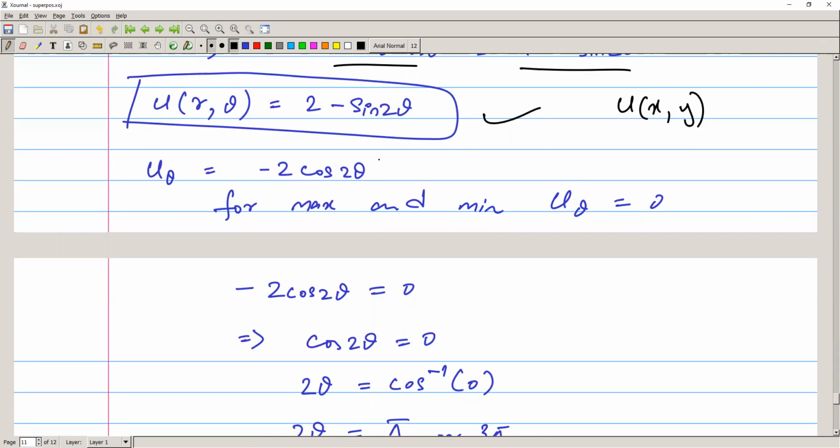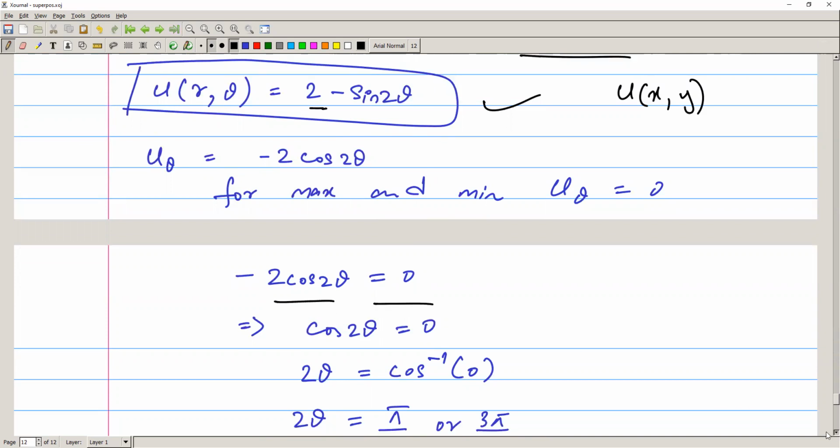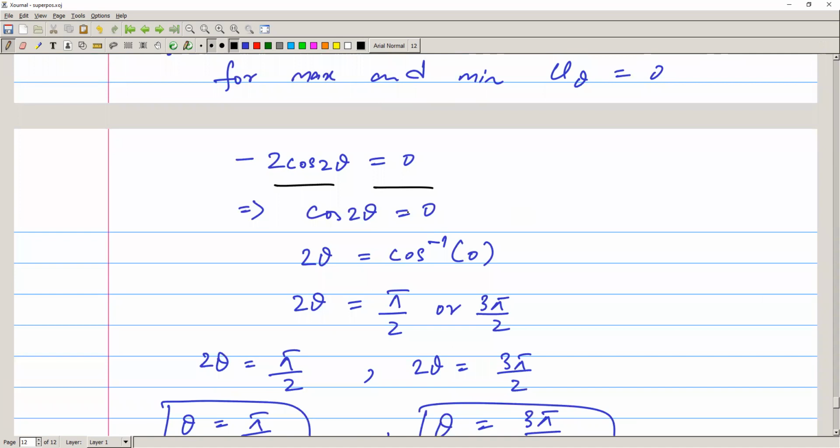We will find the derivative and equate it to 0. The derivative of 2 is 0, and the derivative of sine 2 theta is 2 cos 2 theta. Now we know that the derivative should be equal to 0 for finding the maxima and minima. So cosine 2 theta is equal to 0, and 2 theta is equal to cosine inverse 0.